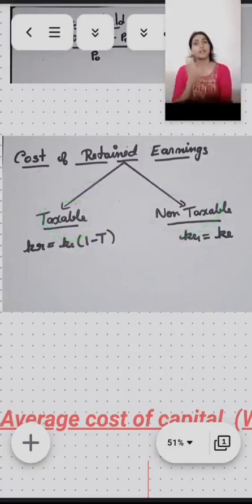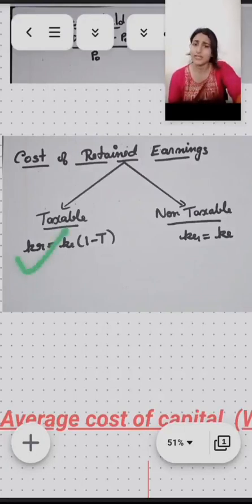If the company had not retained such profit and had distributed it to shareholders, then the shareholders would have invested such amount somewhere else. If that investment is taxable, then you have to deduct the tax. If it is not taxable, then whatever is the cost of equity is the cost of retained earnings.